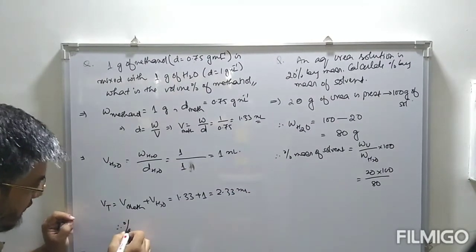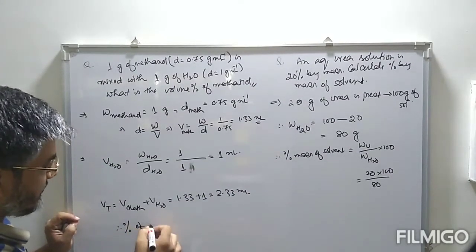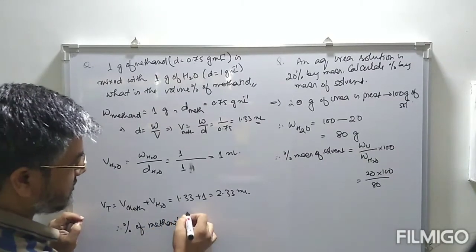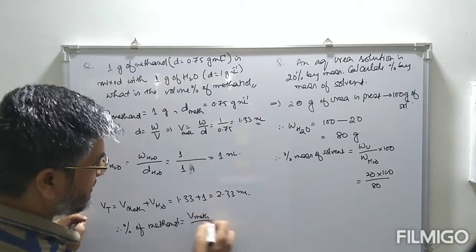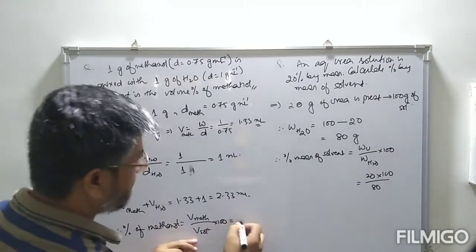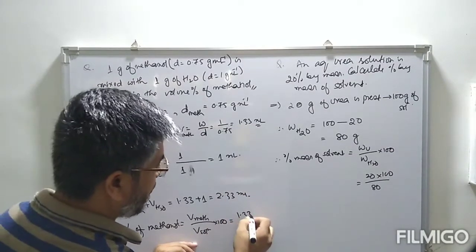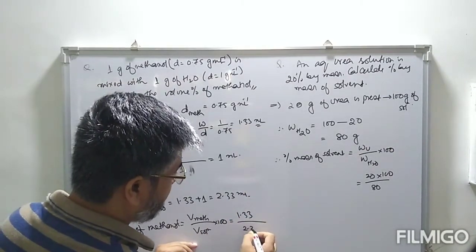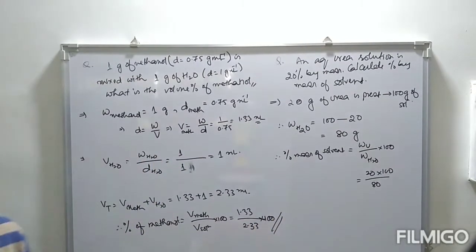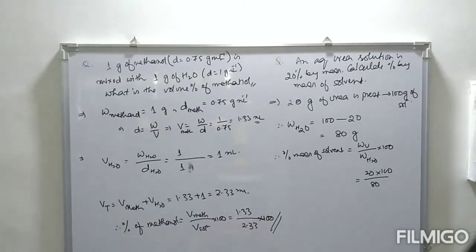Now therefore, volume percent of methanol is volume of methanol divided by volume of solution into 100. Methanol is 1.33, total volume is 2.33 into 100, this is the volume percent of methanol.